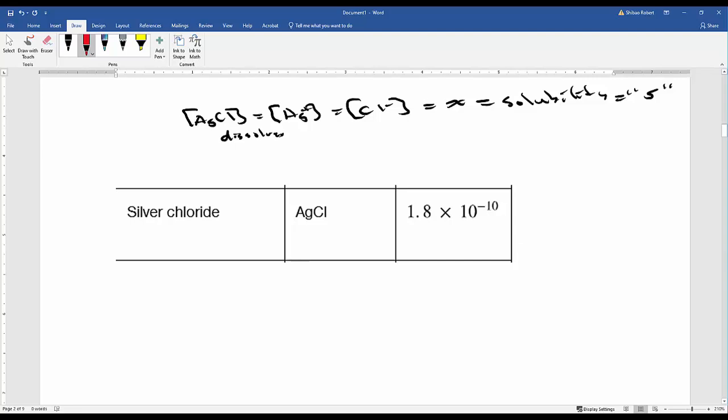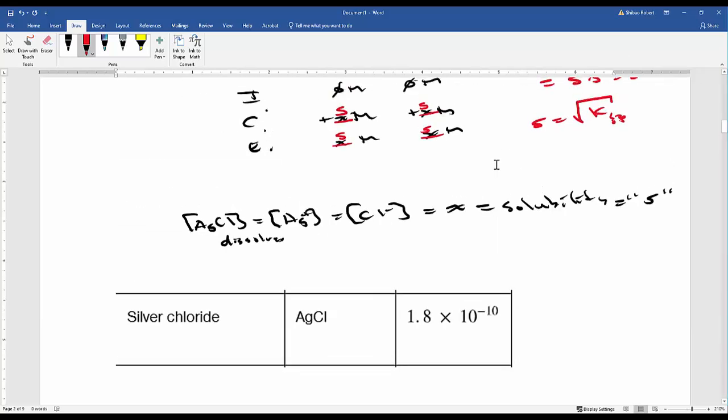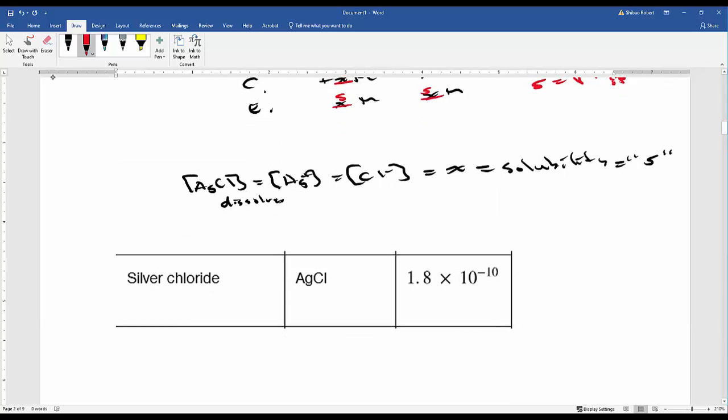This is the Ksp. And we just determined from the ICE table above that the solubility is equal to the square root of that. So we'll take the square root of 1.8 times 10 to the minus 10.